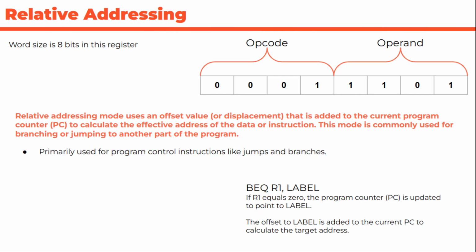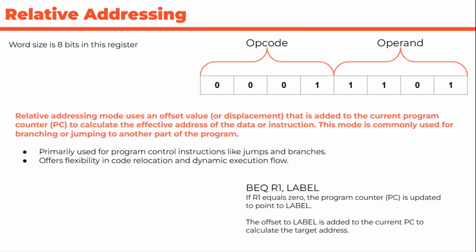Primarily, it's used for program control instructions like jumps and branches, and it offers flexibility in code relocation and dynamic execution flow. At the bottom right hand corner, you can see there's an assembly language command here. It says BEQ, which you've probably not seen before, but it means branch if equal, R1 label.